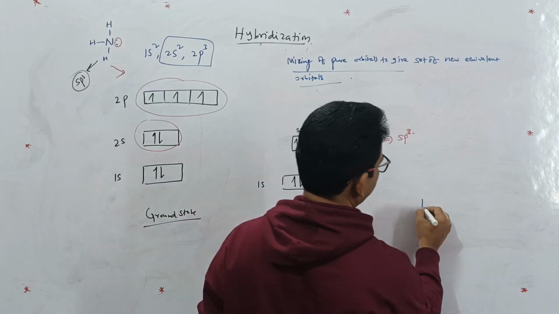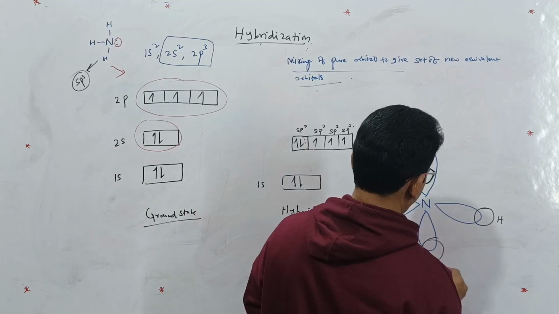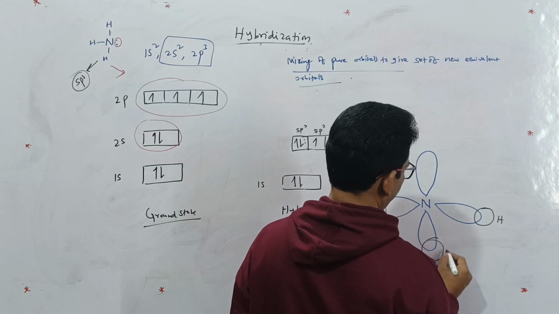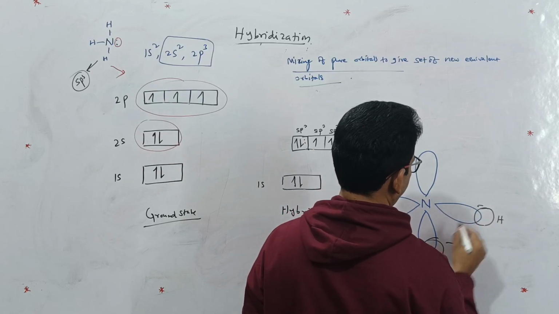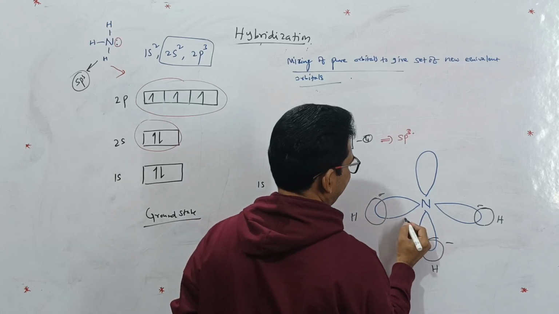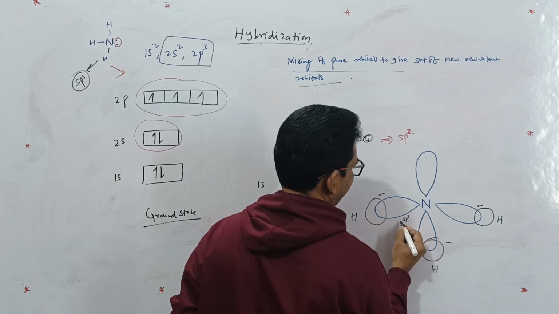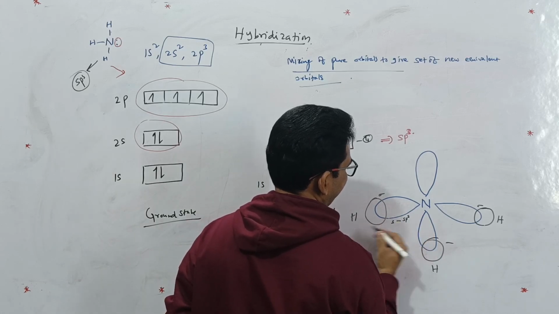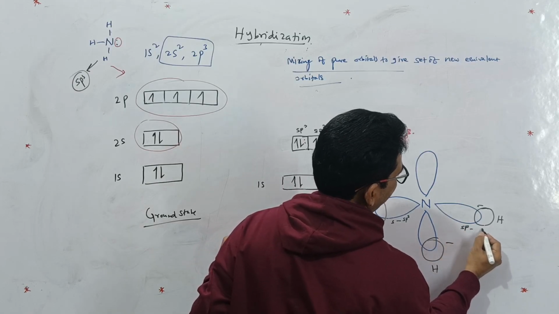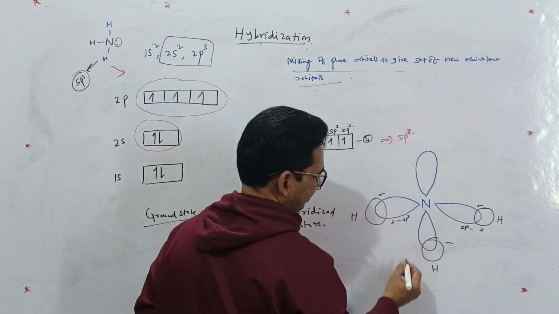I will write the orbital structure for ammonia. 3 hydrogens are there. They form the sigma bond here: sigma, sigma. For this nitrogen, what type of hybridization is there? sp3 combined with the s orbital. Here also sp3 combined with the s orbital, that is hydrogen.